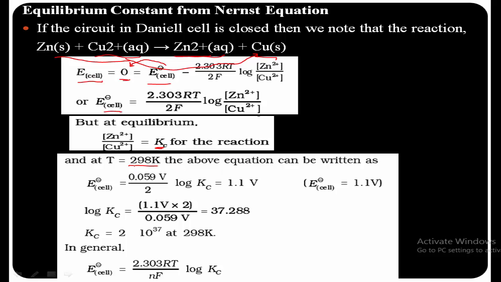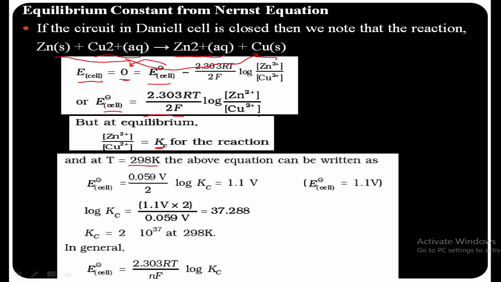Now at temperature T, when it is 298 Kelvin, the above equation can be written as E0 cell is equal to 2.303 into R, that is 0.0821, into T, that is temperature.